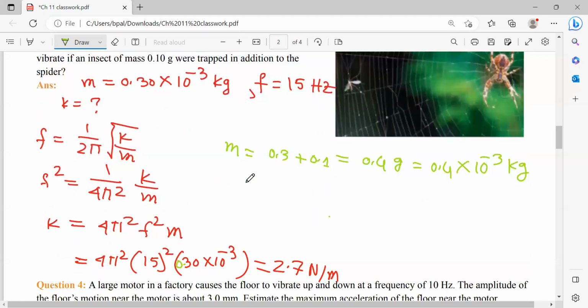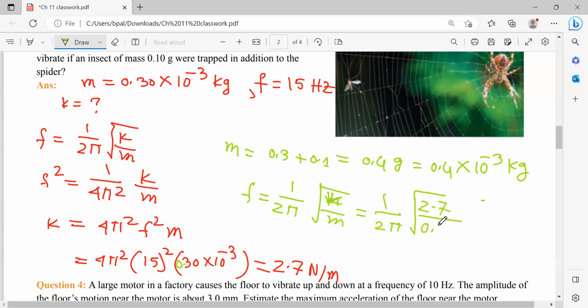For frequency we have to use this equation, 1 over 2 pi, square root of k over m. So 1 over 2 pi, and k we just determined. k will not change because k is constant for a spring, and m is now different.